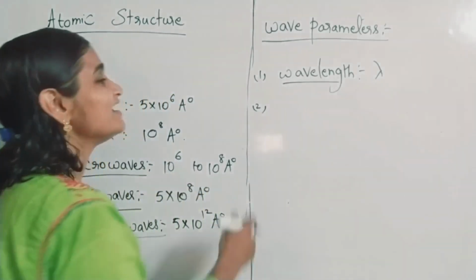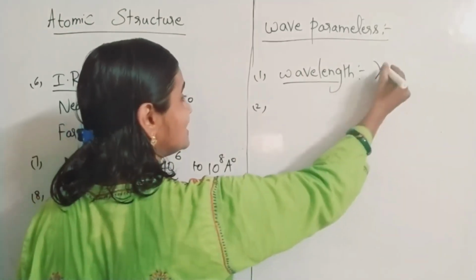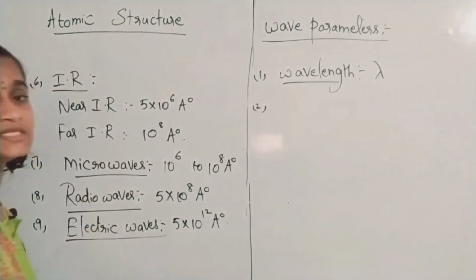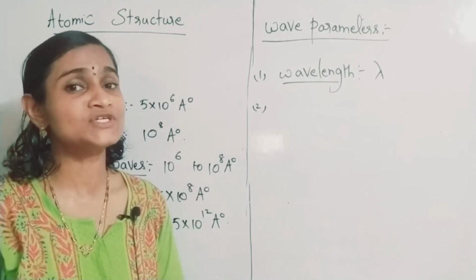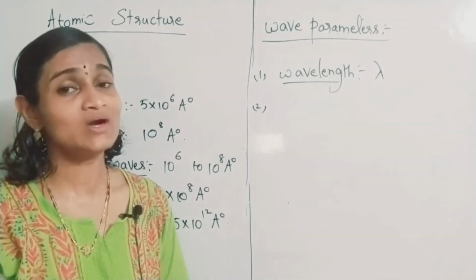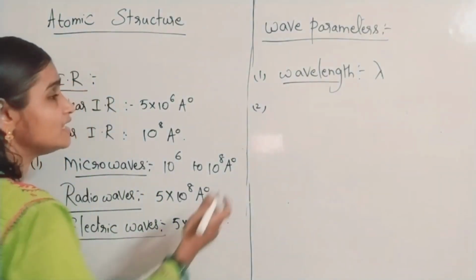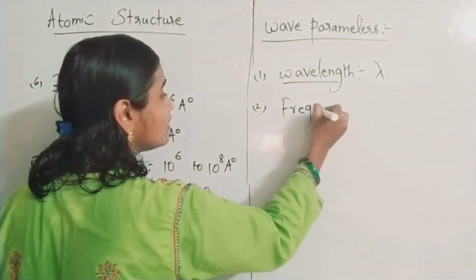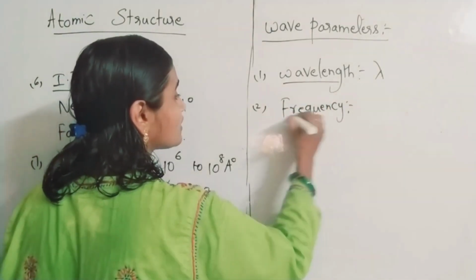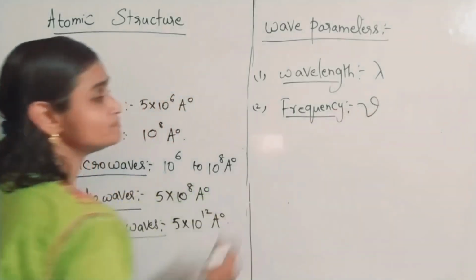Wavelength is denoted by the symbol lambda, and the distance between two consecutive crests or troughs is called wavelength. And then we have frequency, denoted by the symbol nu.